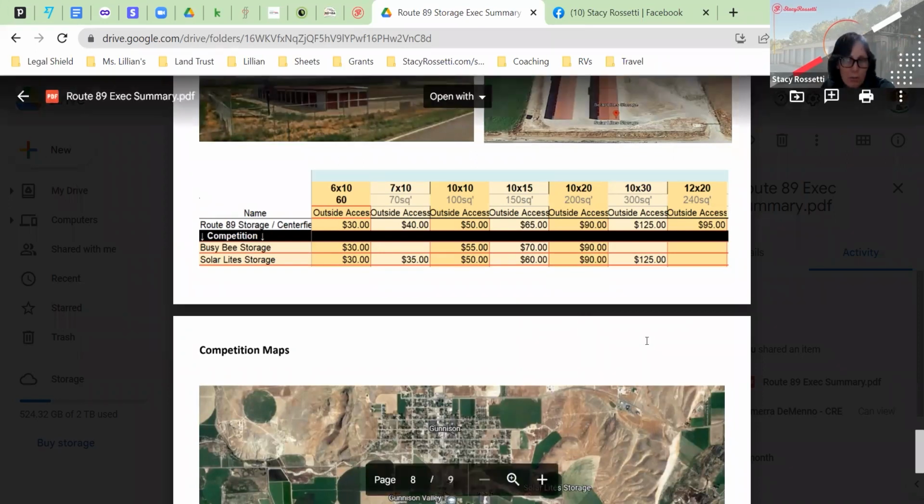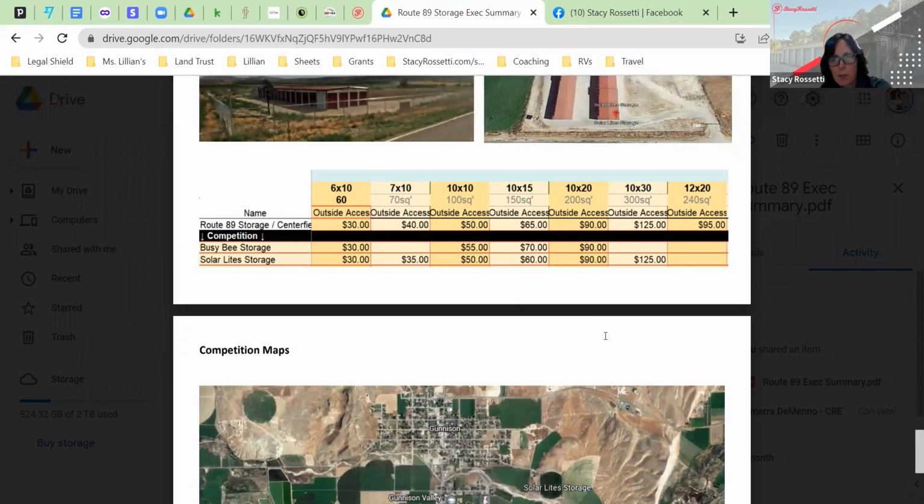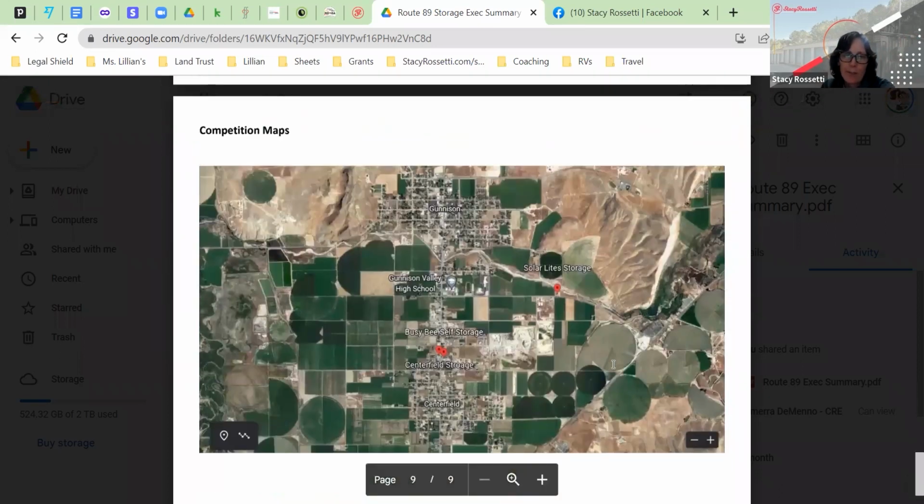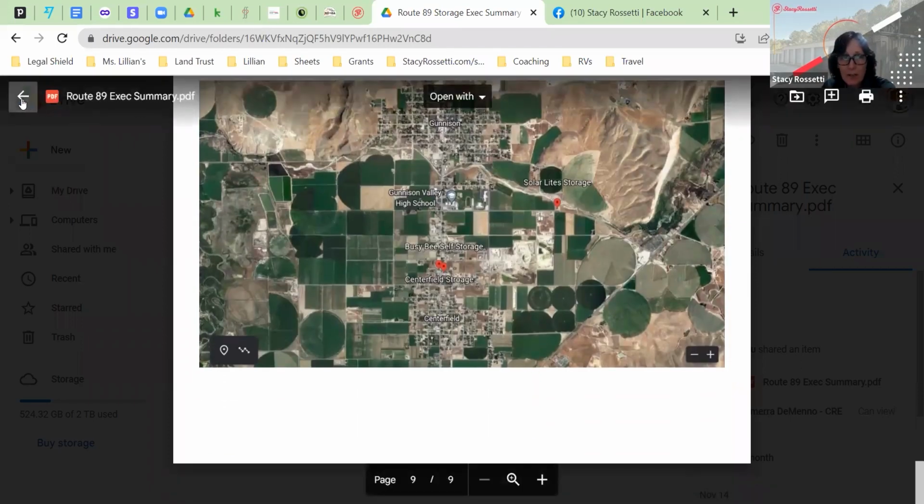So what you're charging is really what values your property. I wish a lot more owners would understand that. We try to educate the owners. That's really our job, to educate the owners on what their property's worth. Okay. So that's the executive summary.